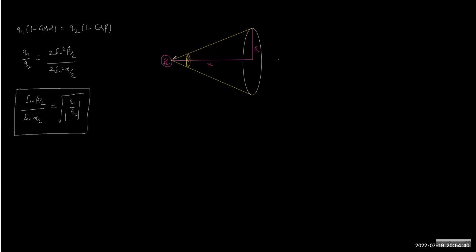So whatever lines of force start from here will pass through the ring, and any lines of force beyond this angle will not pass through the ring, isn't it? So how many lines will cross this ring? Can you guess or tell me? What is the phi through the ring?